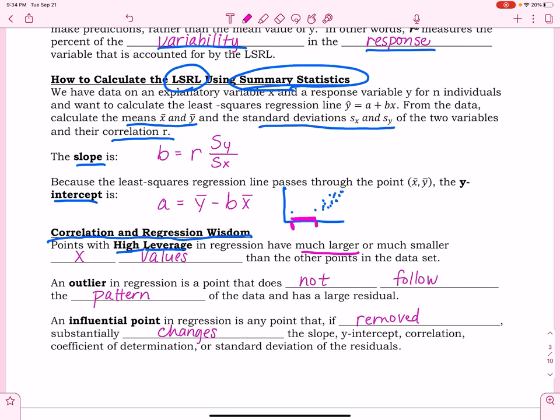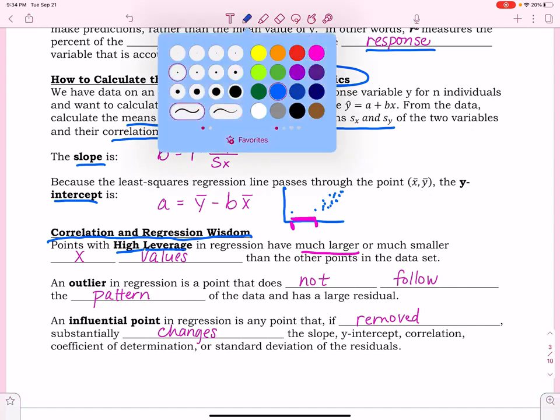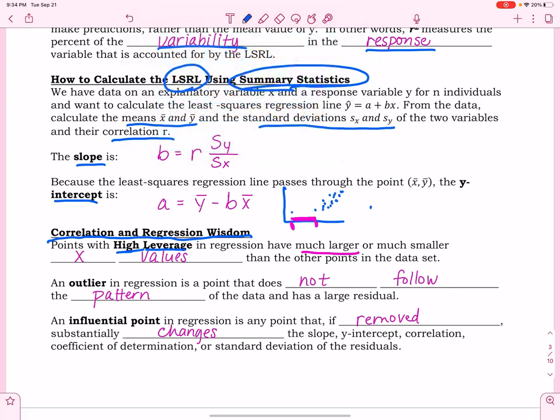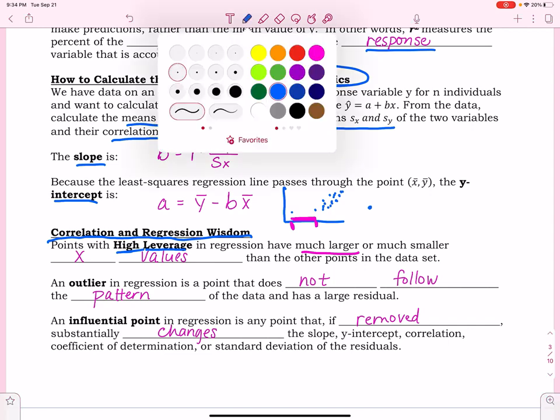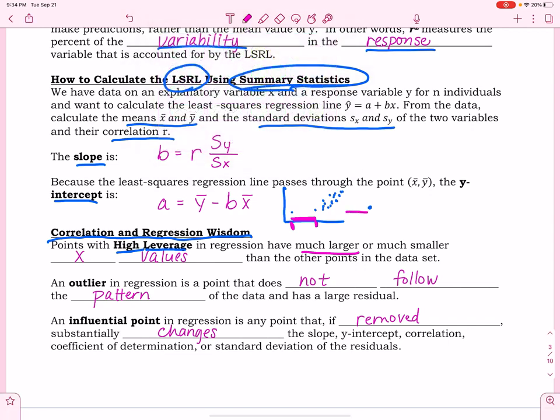Another example of this would be if you had a point way out here. Again, notice that there's a big gap horizontally, meaning this x value is much higher than where most of the other values are clumping together. So those are considered high leverage points because they are far away horizontally from the cluster of most of your points.